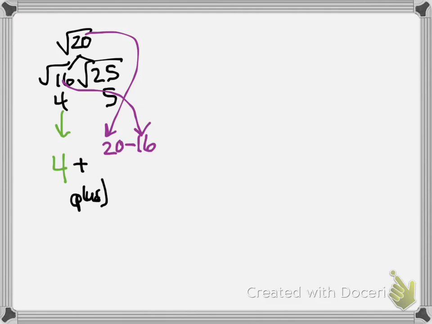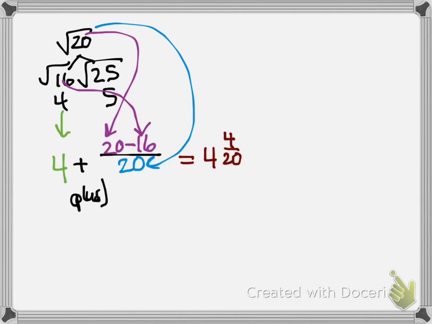And I'm going to put it over the original number. So the original number shows up twice over here. Okay? Then I simplify, and I get 4, and I get 4/20ths, and I simplify.